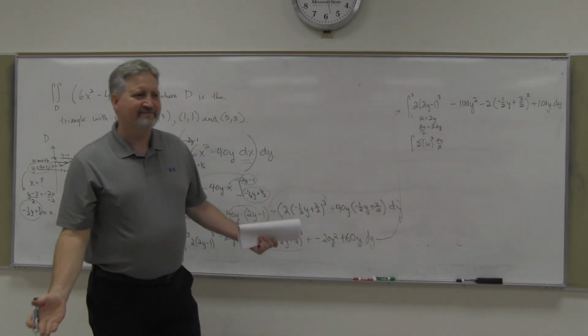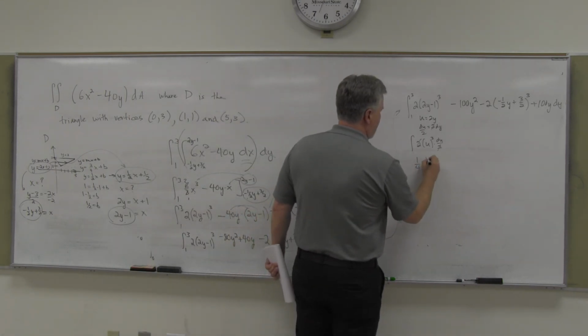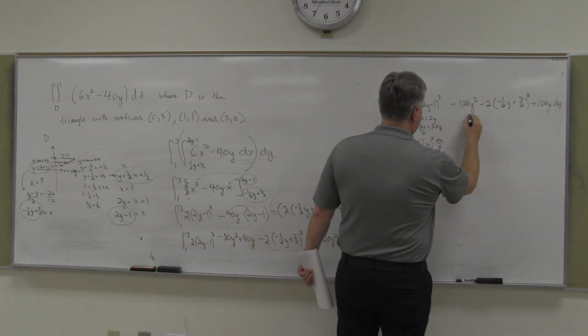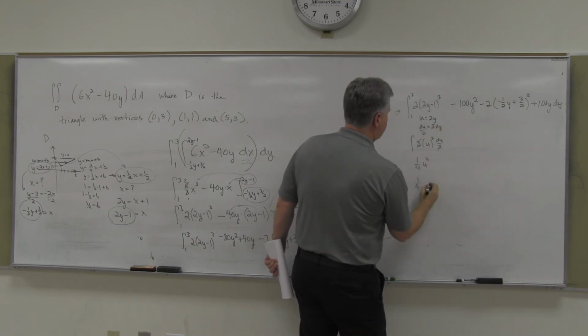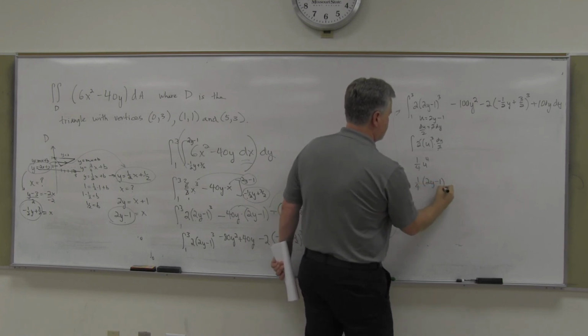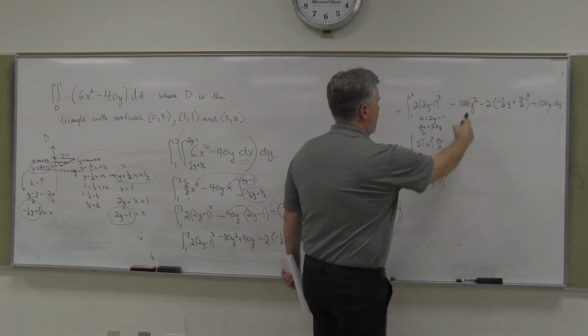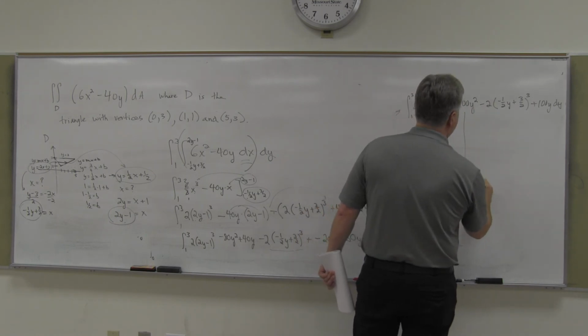It's not that bad. It's just 1/4 u to the 4th. And that's of course 1/4 of 2y, oh, 2y minus 1, sorry, to the 4th. All right, then that's just negative 100 thirds y cubed.